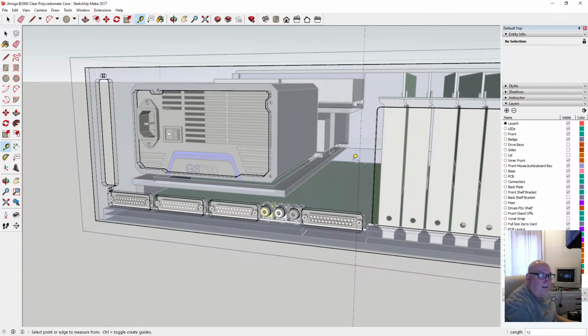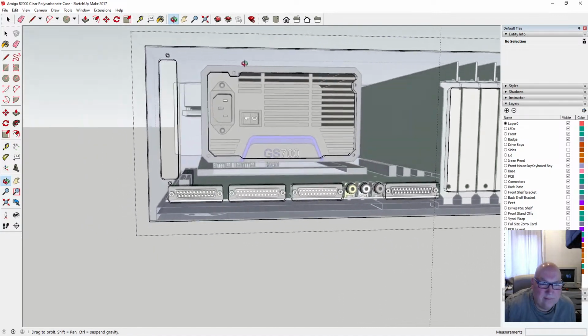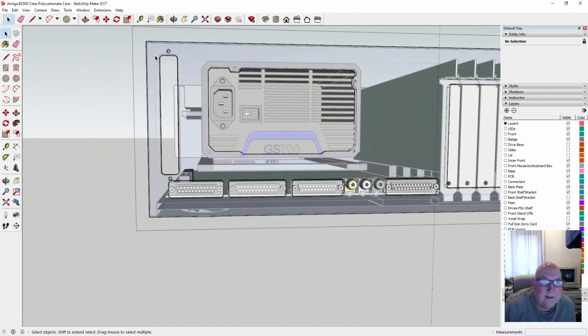So luckily the boffins at Commodore, whoever designed the case, made this, so we need to copy that.